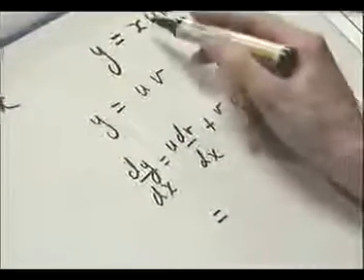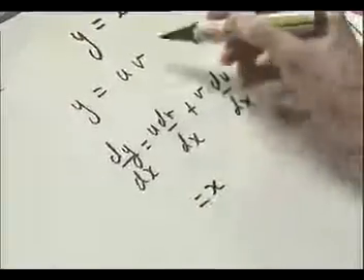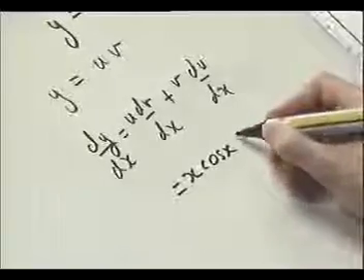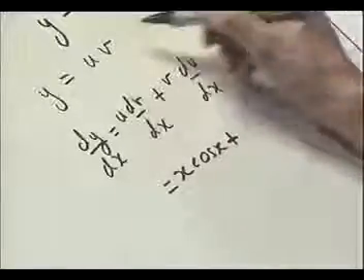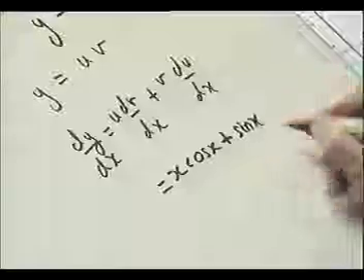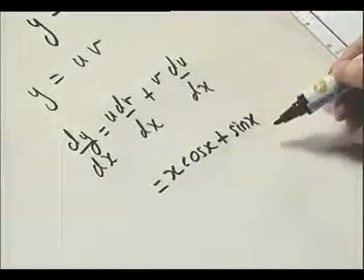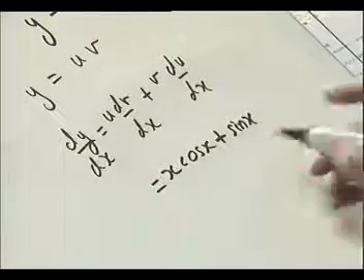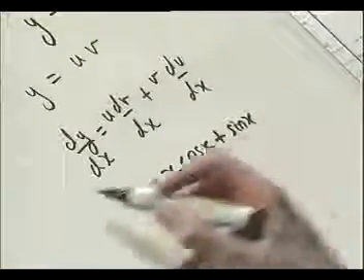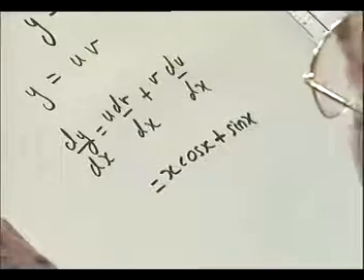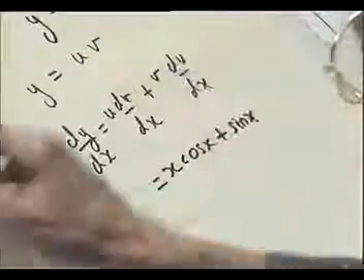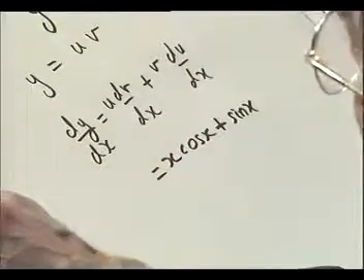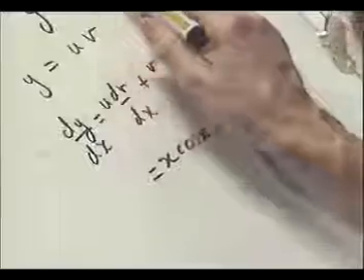So in this case, u is x and v is sine x. So that's x cos x plus v, which is sine x, times by du by dx. But u was x, so du by dx is just 1. And so if we look, what we can see here is that the numerator is x cos x plus sine x, which is the derivative of the denominator, x sine x.